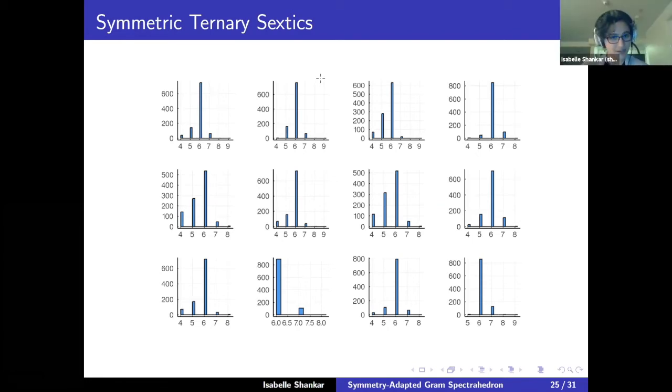Okay, so that's a bit about some of the work that we've done in understanding, from a geometric perspective, symmetric polynomials as sums of squares. We also use this machinery to do some work with symmetric polynomial inequalities.